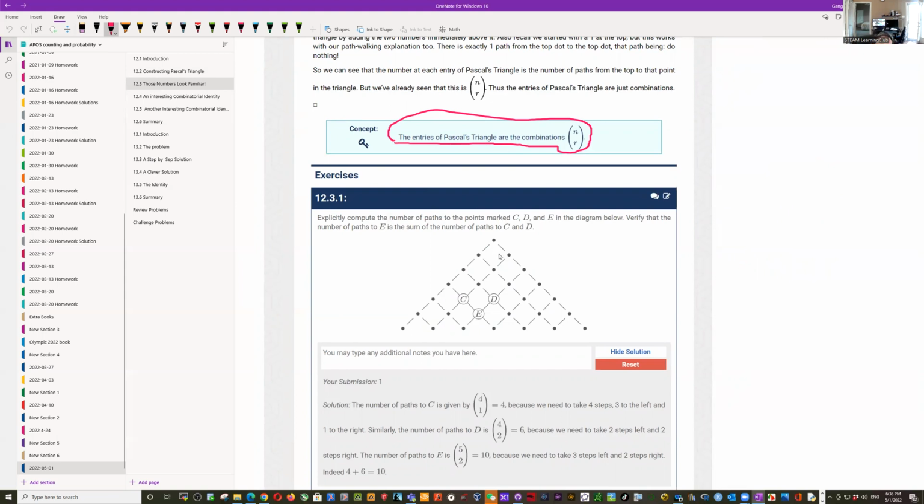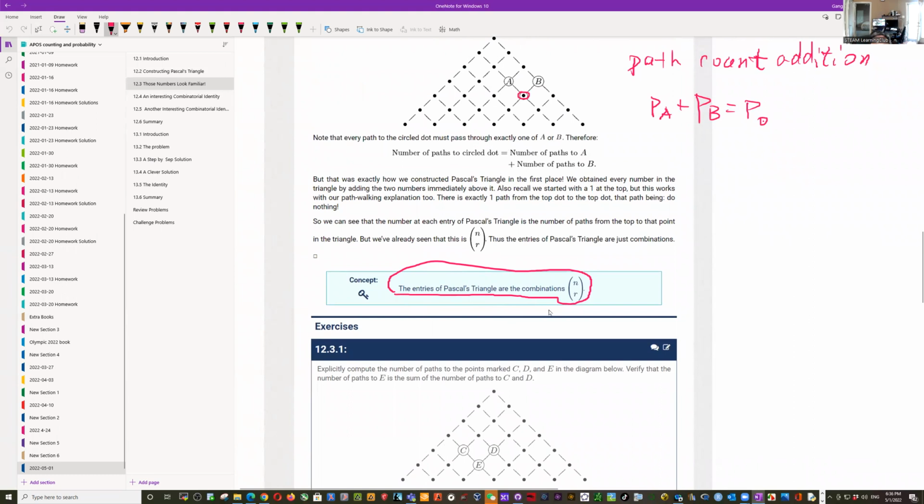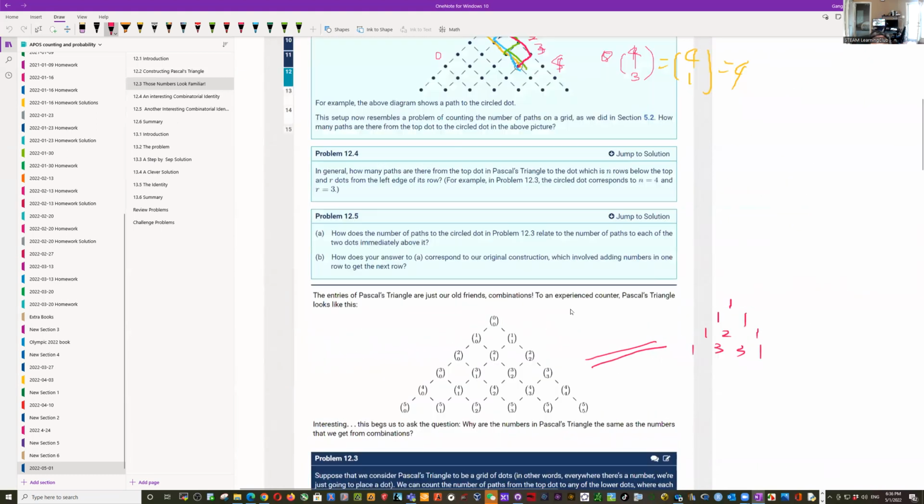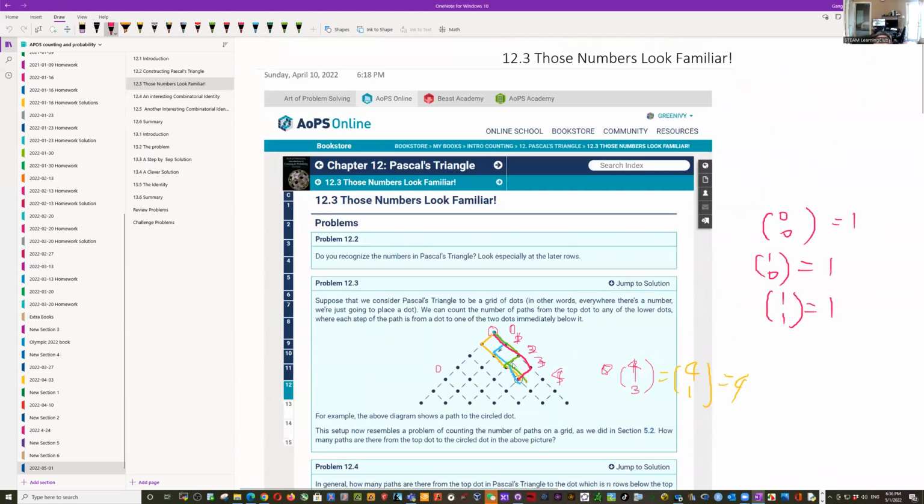Because the path problem is a combination problem, and Pascal's triangle addition has the same rule of addition of the nodes of the previous layer, Pascal's triangle entries are the combinations, the binomial coefficients. This is not a coincidence.